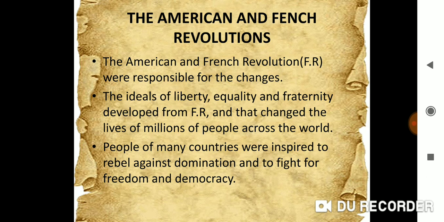After that, he wrote many books in English and Bengali to inspire the people, because all of you know, at that time India was under British rule. So through these three ideologies, people were inspired and very much influenced to fight for freedom and democracy. That is also one of the main features of the modern age.